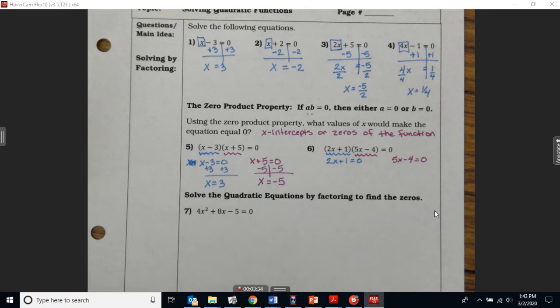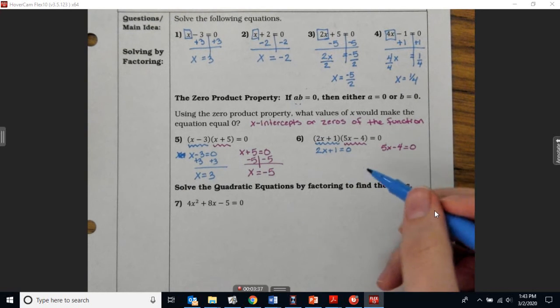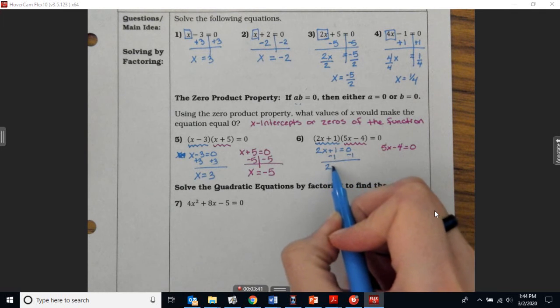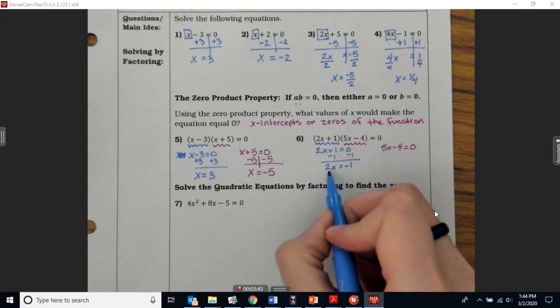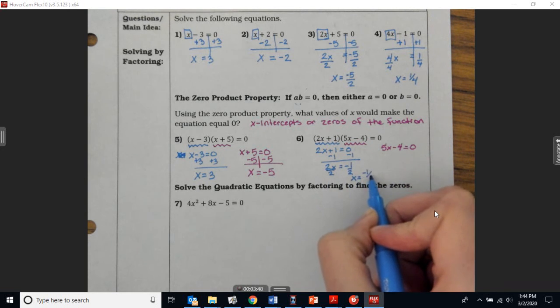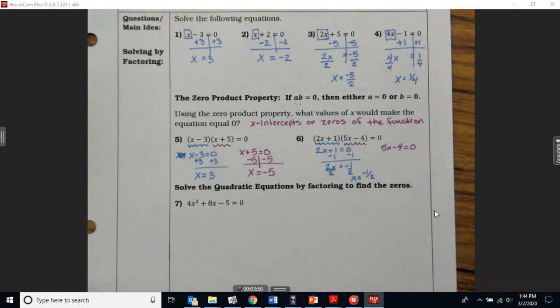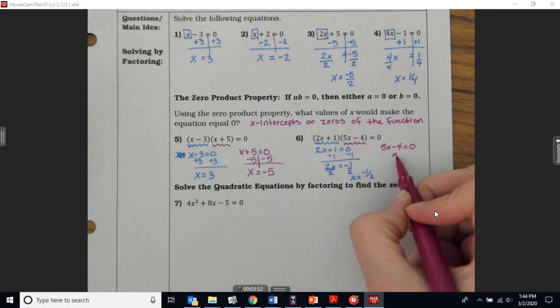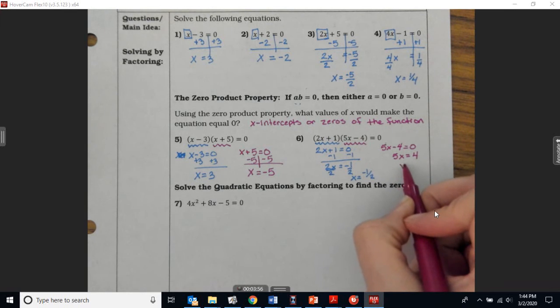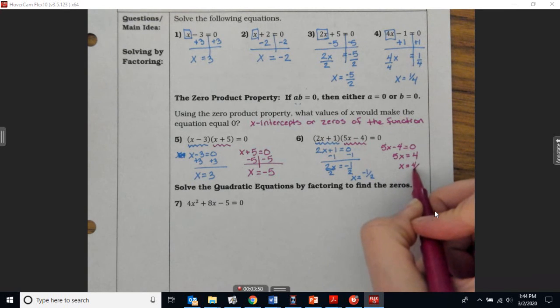And so we're going to solve these to see what the x value would be. Subtract 1 on both sides, I get 2x equals negative 1. And then divide by 2, so I get x equals negative 1/2. Over here, I have 5x equals, we're going to add 4 to both sides. And then we're going to divide by 5, so I get 4/5.